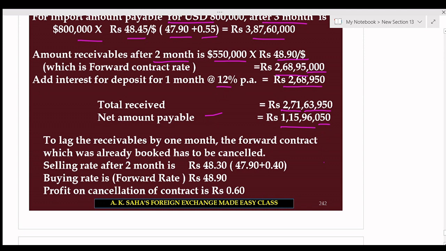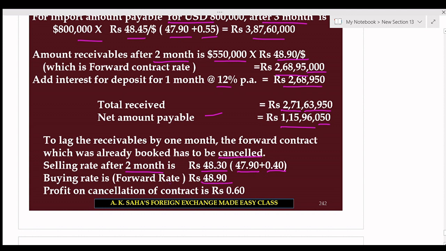The forward contract which was already booked has to be cancelled on the matured date. Selling rate after 2 months is 48.30, that is 47.90 plus premium. And the buying rate, the forward rate, is 48.90.